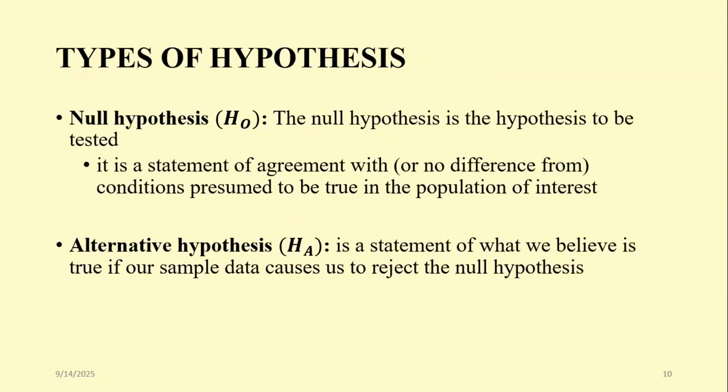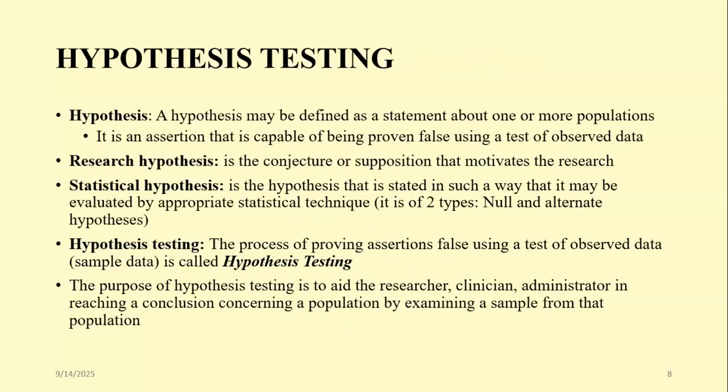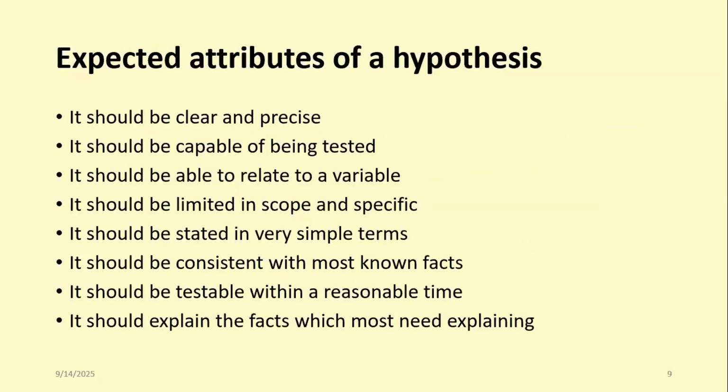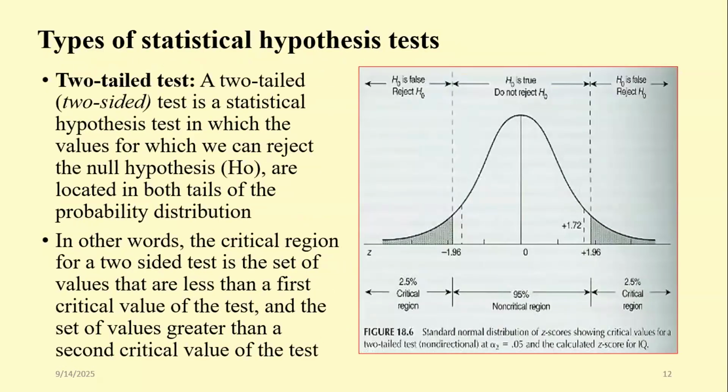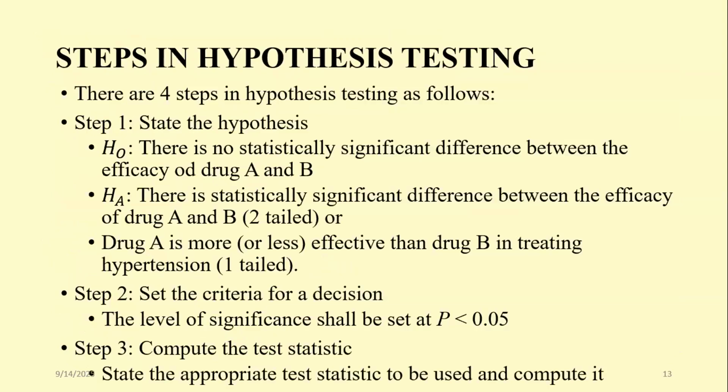We have discussed all these things from our earlier presentations. That is hypothesis. What is hypothesis? What are the types of hypothesis? We have null hypothesis and alternate hypothesis, one-tail, two-tail hypothesis. So what I want to discuss briefly now is steps in hypothesis testing.